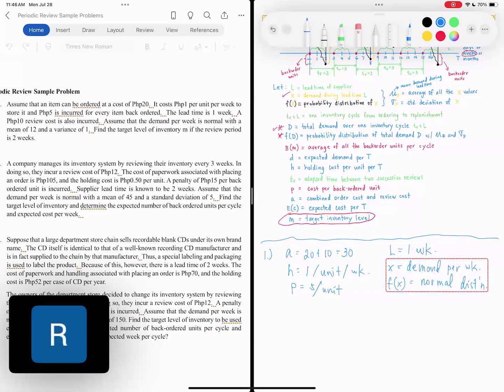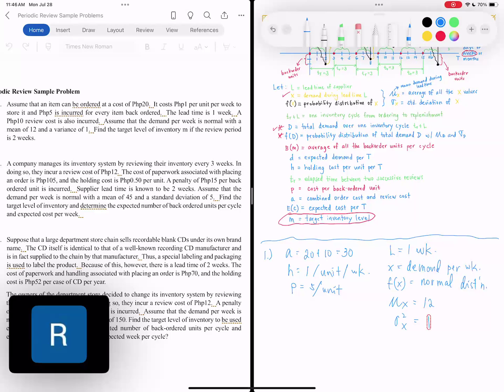So in this problem, it says here that mu of X, meaning average demand for 1 week, is 12. And the variance of X, put a subscript, because the 12 is the demand of X, which is 1 week. Variance of X, which is 1 week also, is equal to 1.